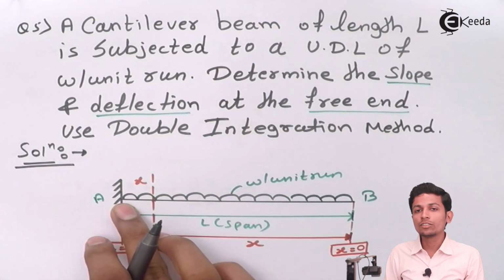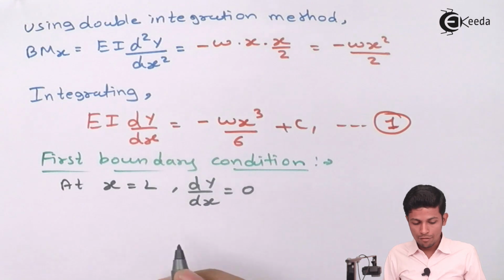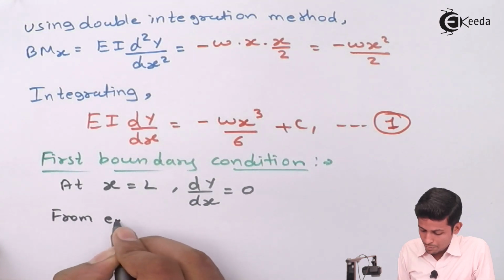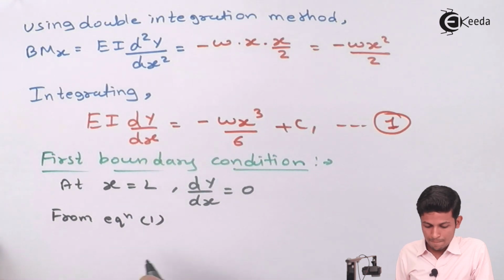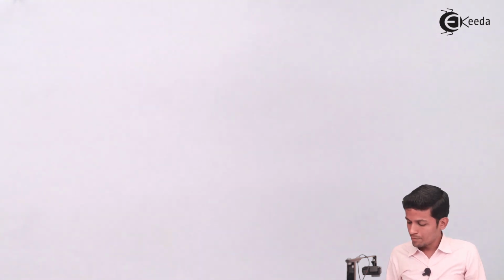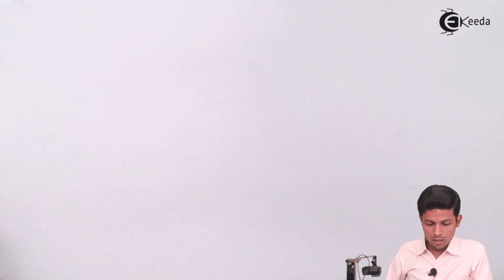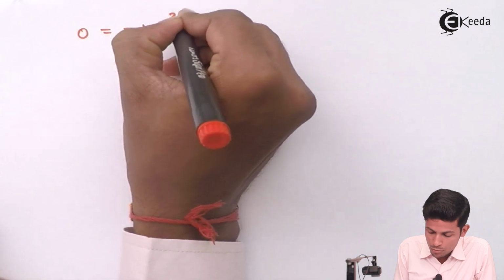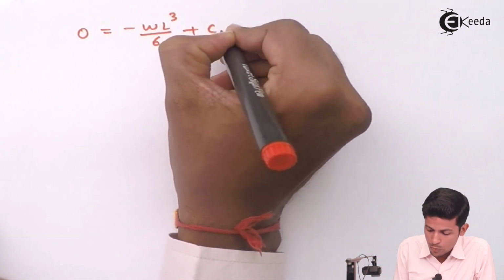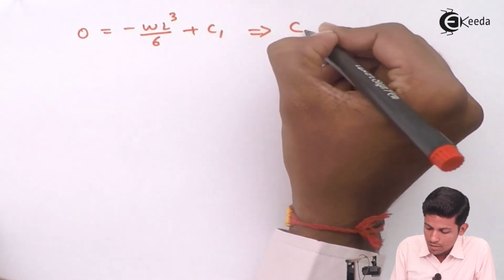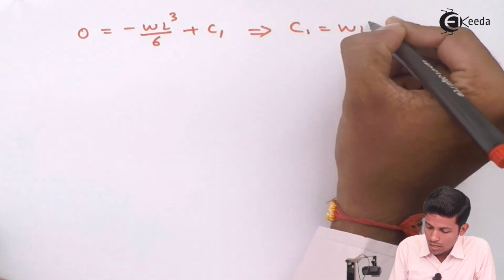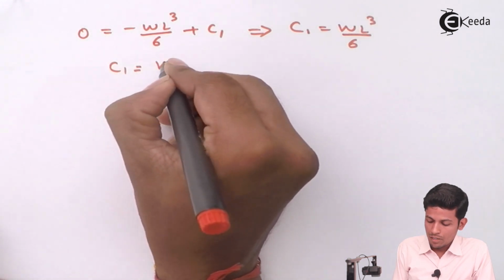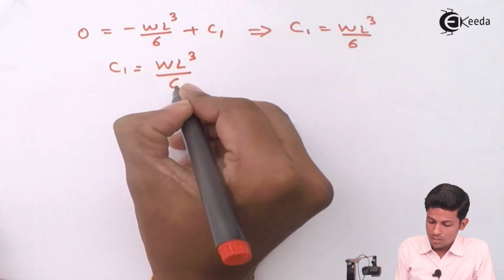So from equation 1, 0 is equal to minus w L raised to 3 upon 6 plus c1, which is nothing but c1 is equal to w L raised to 3 upon 6. So our c1 value will be w L raised to 3 upon 6.